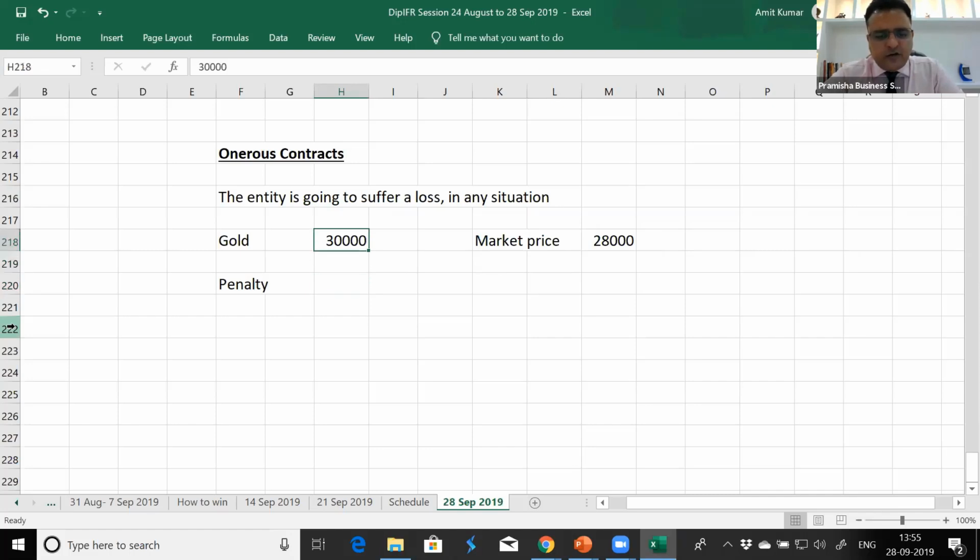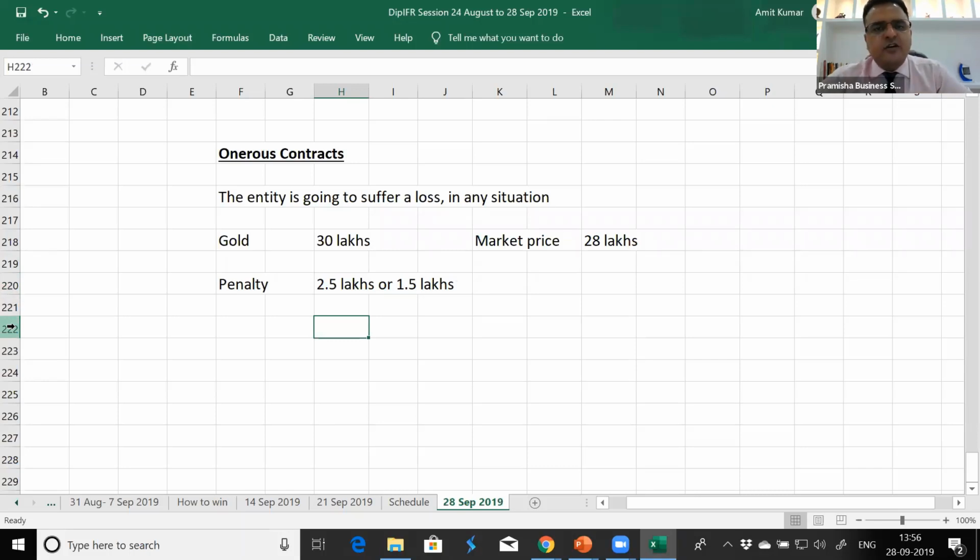of, suppose they entered into a contract to buy 30 lakh worth of gold. And if they do not entertain the order because the market price has fallen, they can purchase the same at a price of 28 lakhs. But there was a penalty clause that they'll have to bear a penalty of 2.5 lakhs, or it could be 1.5 lakhs, whatever. So if they entertain the order, they'll be suffering losses in comparison to market price.